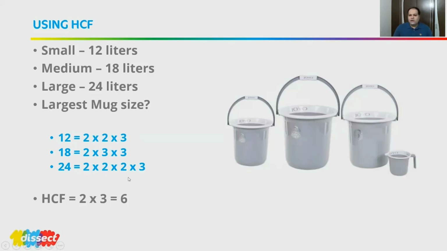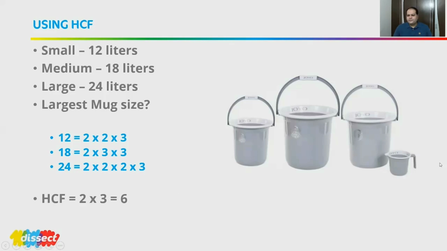The other 2's are not common. There is 1 3 which is common among all the 3 numbers. So we are going to write 2 into 3 is common. And then there is nothing else which is common. The only number that is common between all these 3 bucket sizes is 2 into 3, 6.